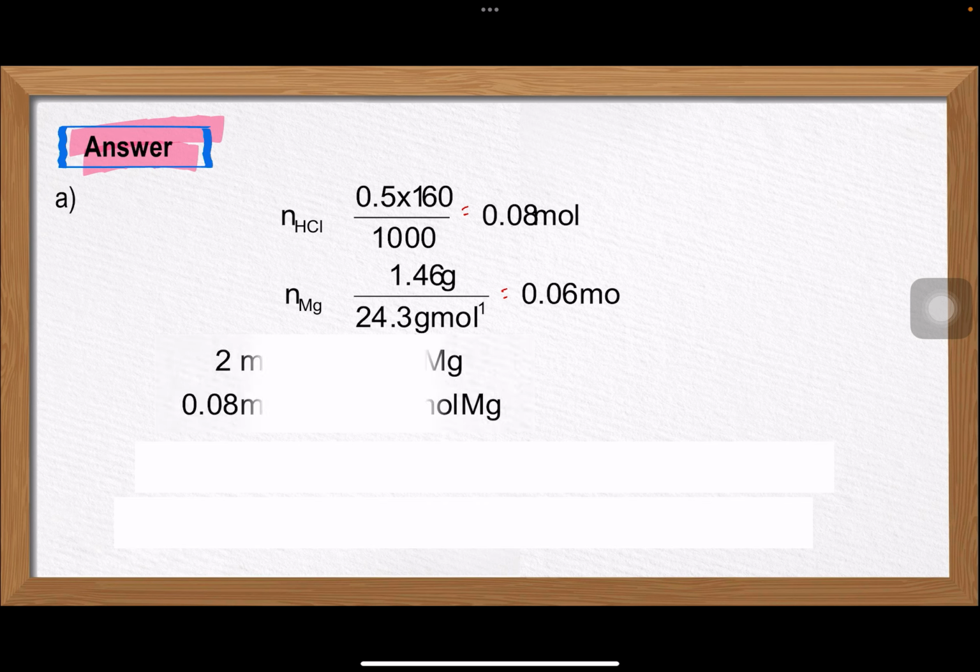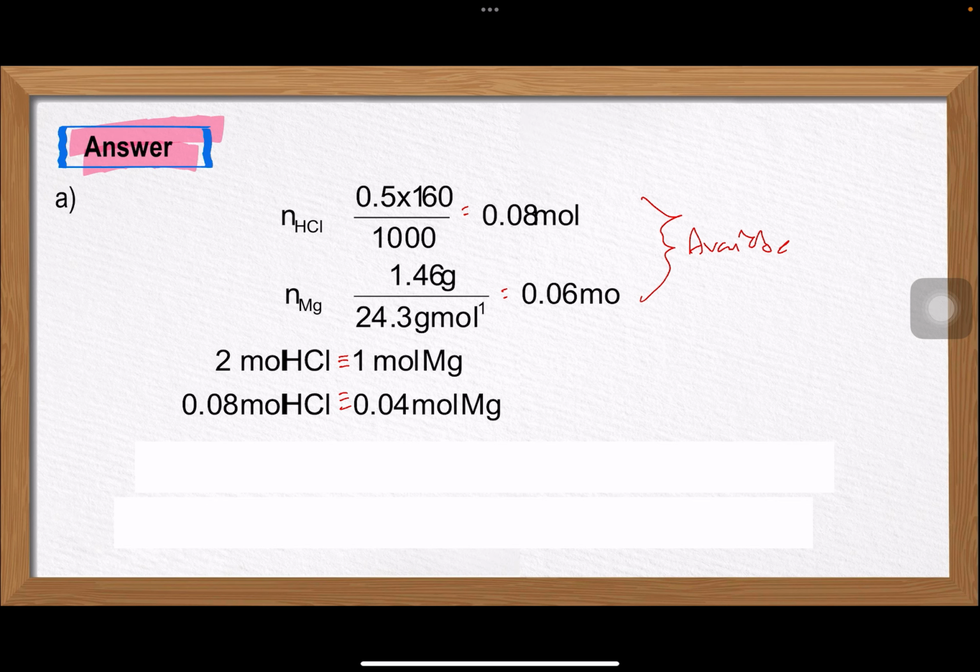These moles are the available or given amounts. From the equation, 2 mole HCl should react with 1 mole magnesium. If you have 0.08 mole from the data, what should the mole of magnesium be? The mole for magnesium should be 0.04 if you use the ratio from the balanced equation.